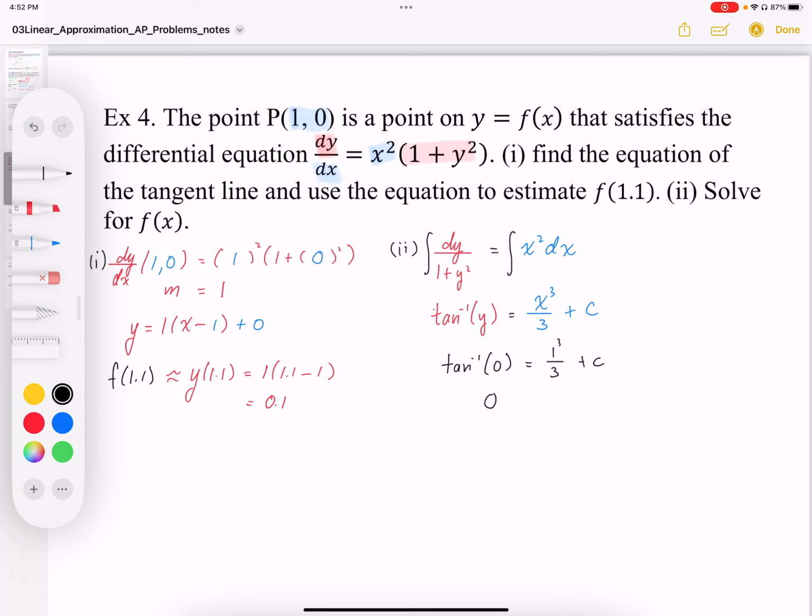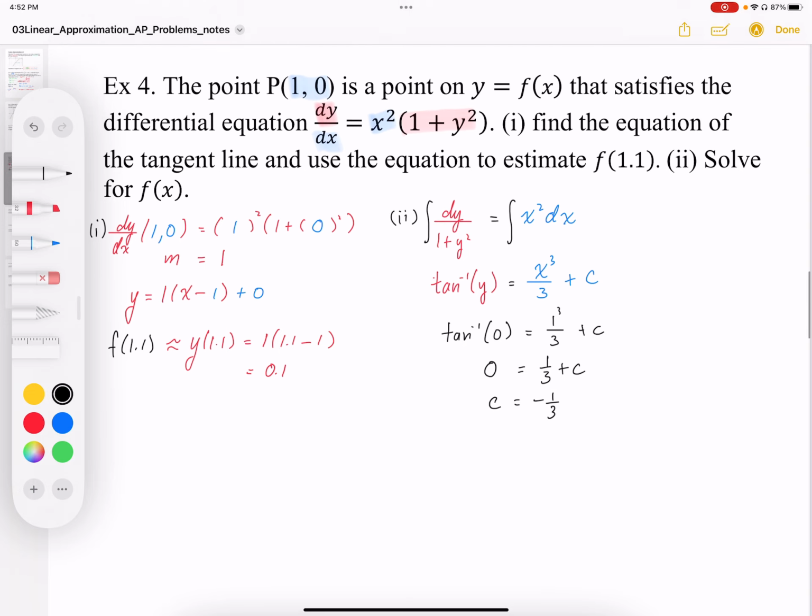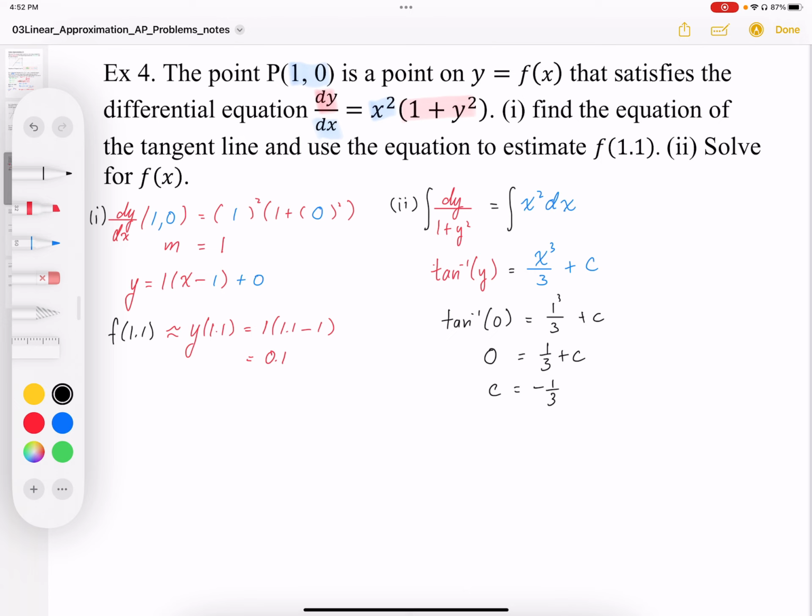Arctan of 0 is 0, so I end up with c equal to negative 1 over 3. Once I have that, I'm just going to plug that into my expression. So arctan y equals x cubed over 3 minus 1 over 3.